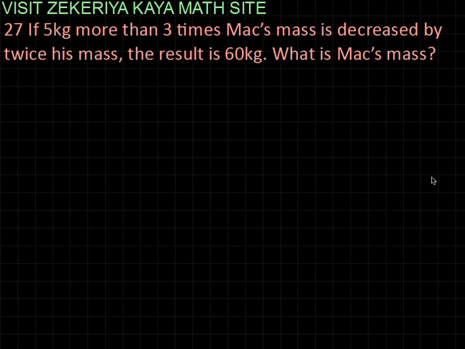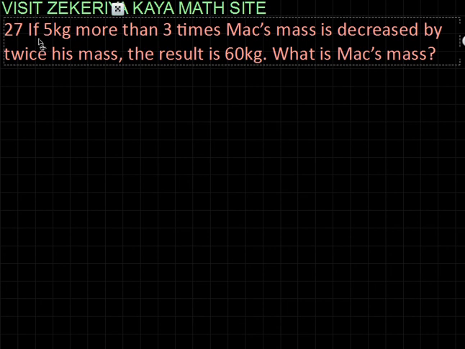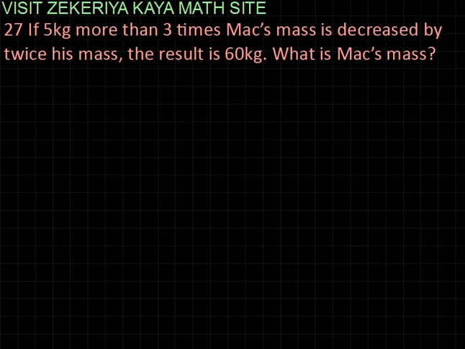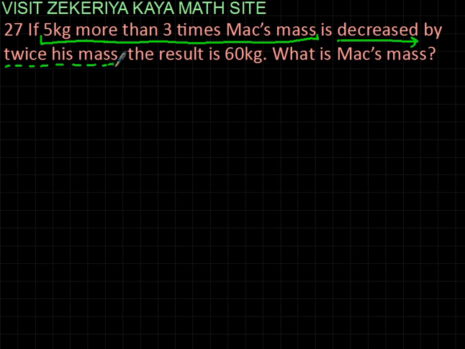If 5 kilogram more than 3 times Max's mass is decreased by... And let's choose the pen, of course. Firstly, we will write that. Then, after that, we will decrease it with. So we are talking about Max's mass.